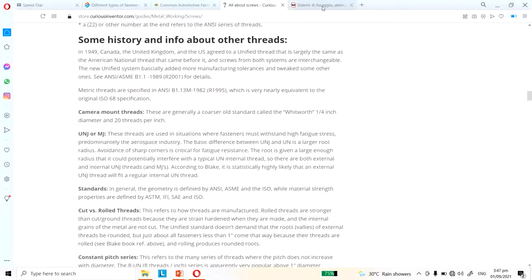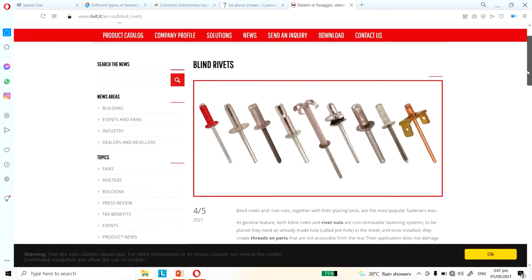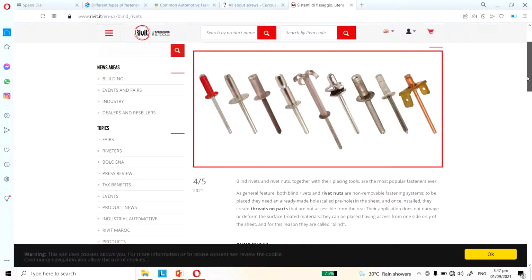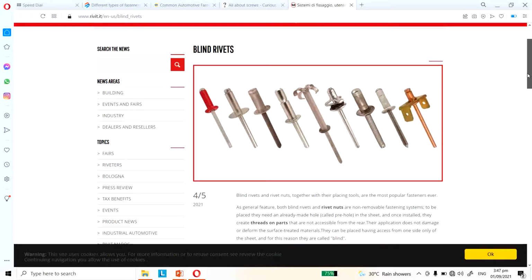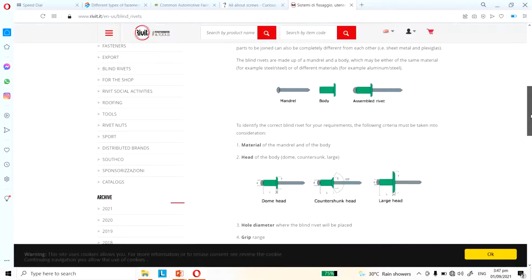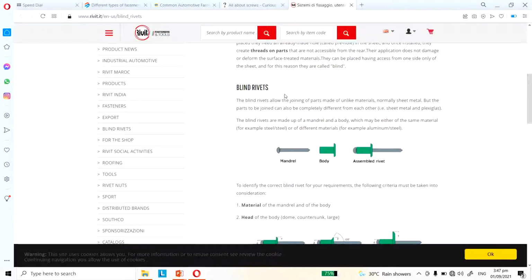Okay, and what else? For blind rivets, there are also applications wherein it is more economical, or more appropriate, to use rivets rather than bolts. One type of rivet is the blind rivet, and it's composed of this assembly right there, the mandrel part and the body.